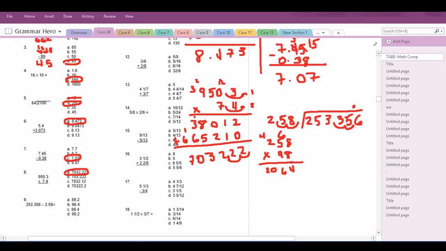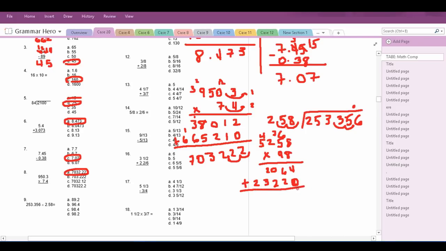Okay, 9 times 8 is 72. I forgot to bring down the 0 first. 9 times 8 is 72, so I bring down my 2 there. I add the 7 up here. 9 times 5 is 45, plus 7, so 52. Bring my 5 over here. 9 times 2 is 18 plus 5 is 23. Okay, add it.